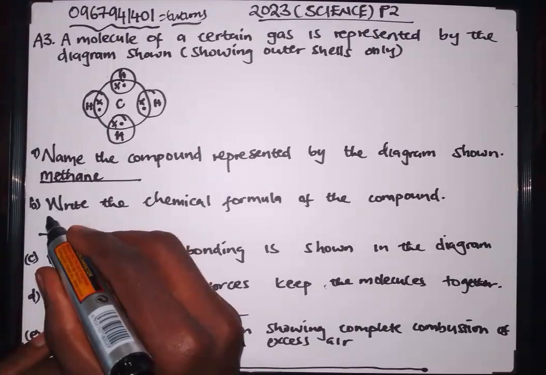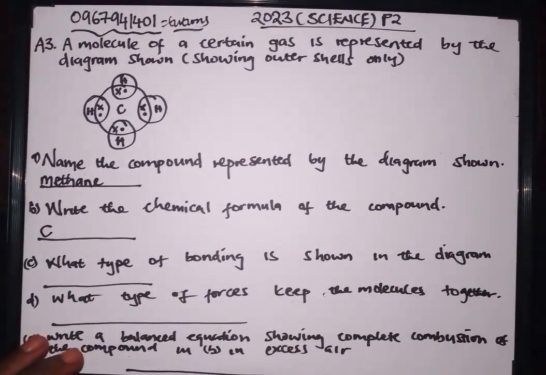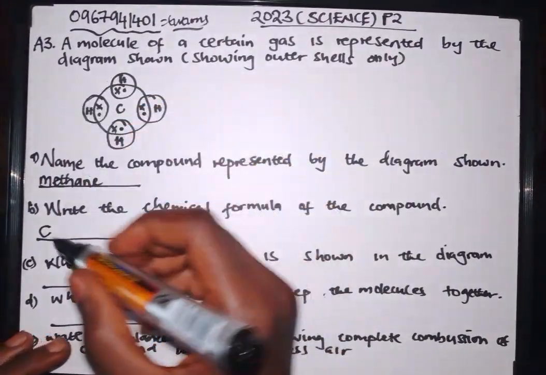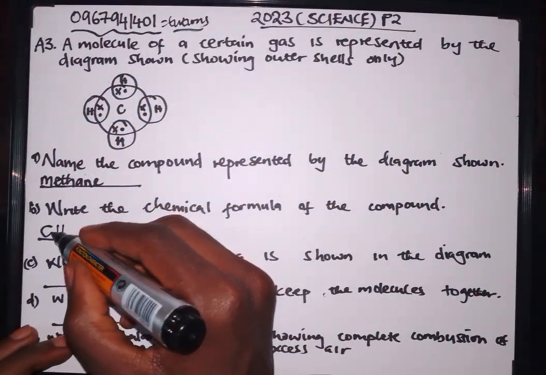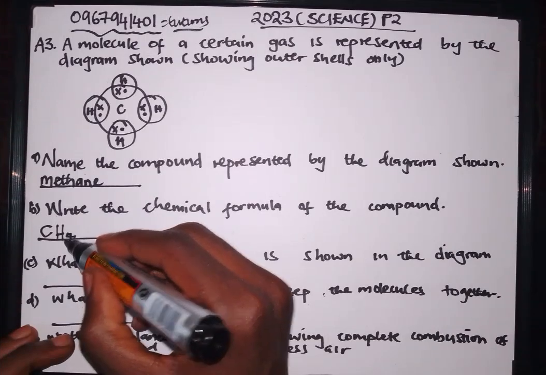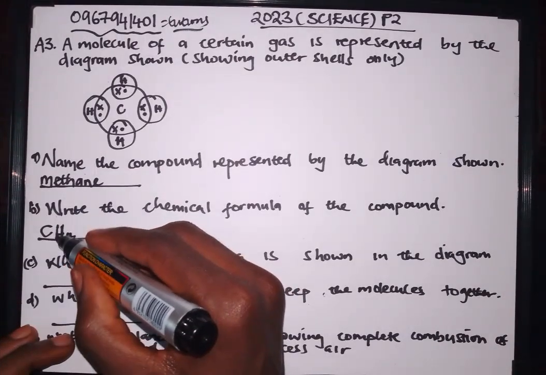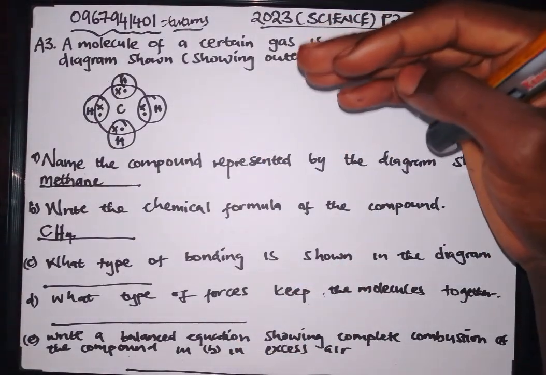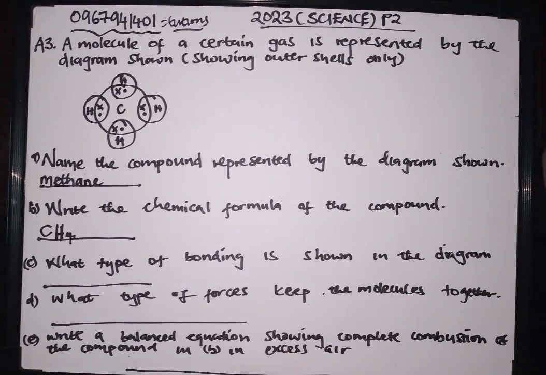So we write C. Then how many hydrogens do we have? 1, 2, 3, 4. Then you say H4. Once you do that, you have written the chemical formula for methane. So identifying or writing a chemical formula using a diagram is the simplest.